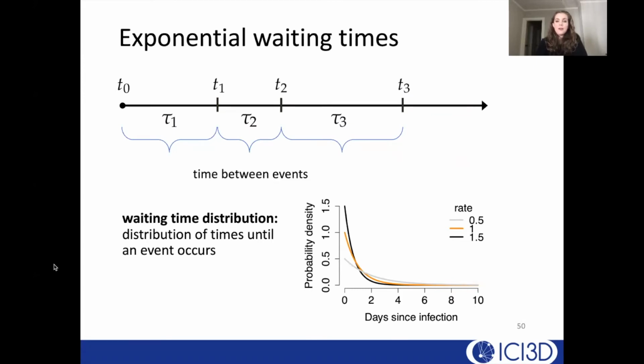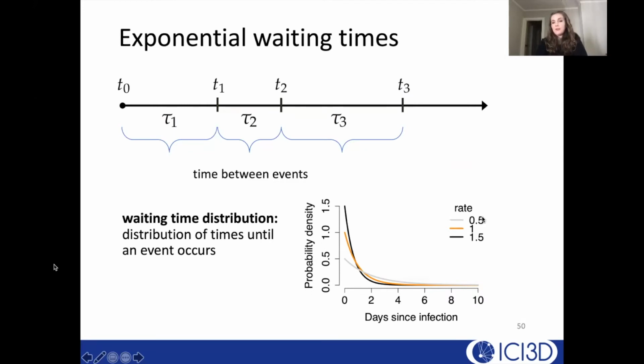So here I have a few examples of waiting time distributions, and you can think about the probability that an event happens in less than 2 days as the area under the waiting time distribution curve, and that varies based on the rate of the exponential distribution generating that probability density function.